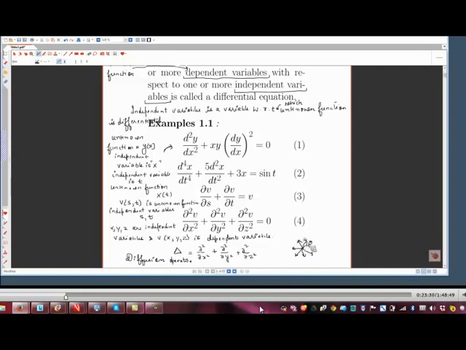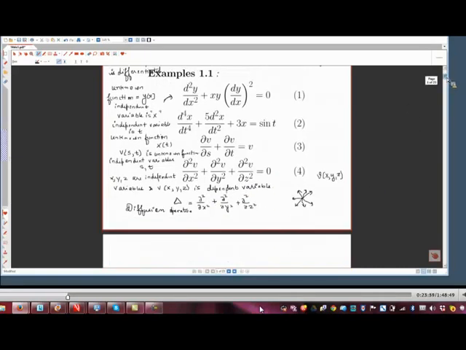Then V is basically the position of a particle, and in 3 dimensions, x, y, z will determine the location of this V. Saying this equals 0, we are basically modeling a diffusion process. There's more to it, but I just wanted to give you a feel that there is a lot going on in differential equations.